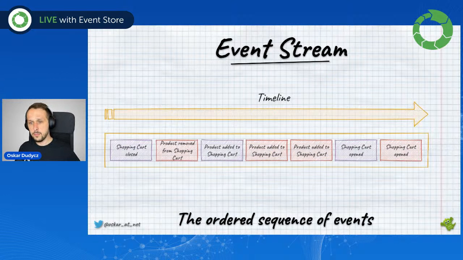The important thing about event sourcing and event stores like EventStoreDB is that they, most of them at least, also allow us to have a history of the operations in the system.